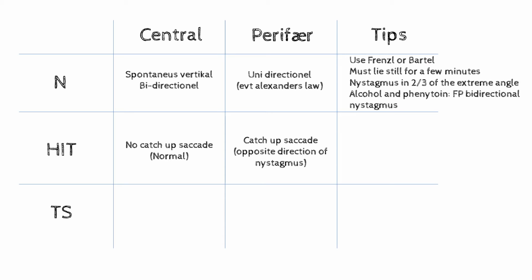So right-sided nystagmus, or fast-phase nystagmus to the right. Then when you turn the head from the right to the left midline, you will see that there's a catch-up saccade.